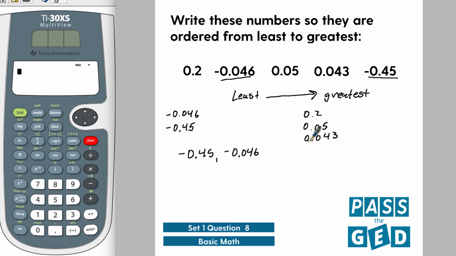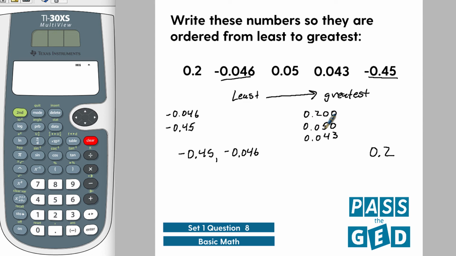If we make them all the same number of digits, this 0.2 becomes 0.200, and this 0.05 becomes 0.050. So now we can compare these equally. Hopefully you see this one is going to be the largest. So we're going to put that one, 0.2, on the end.